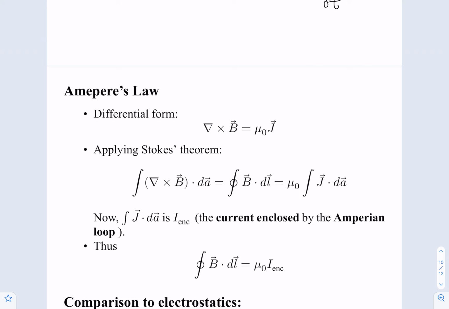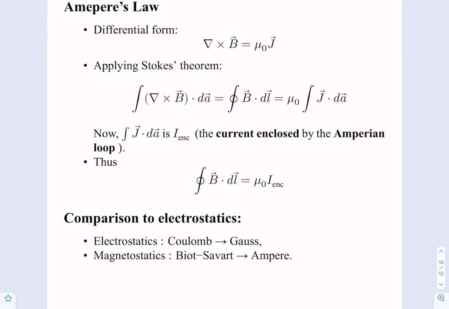So the integral form of Ampere's law is the integral of B dot dl equals mu naught times the current enclosed. This is the same as what we derived for the infinitely long bundle of wires.